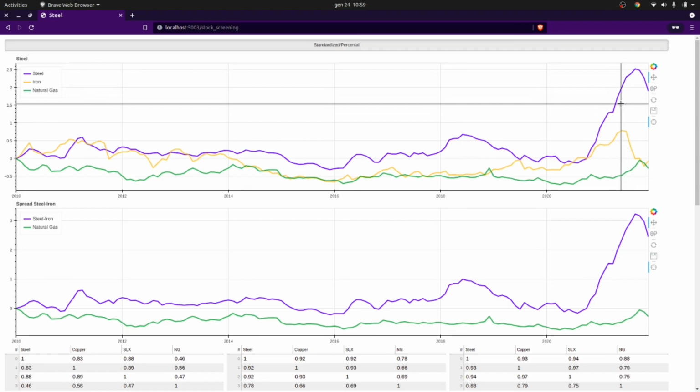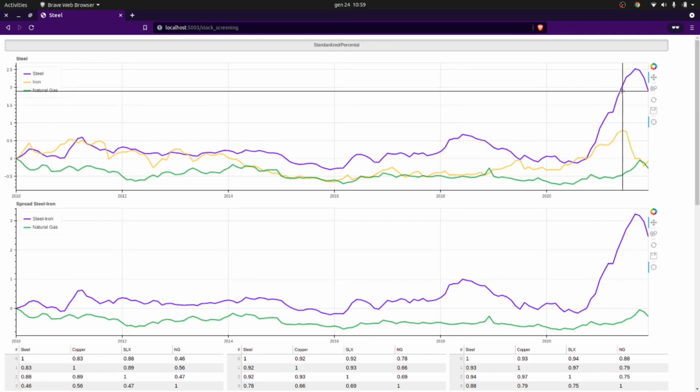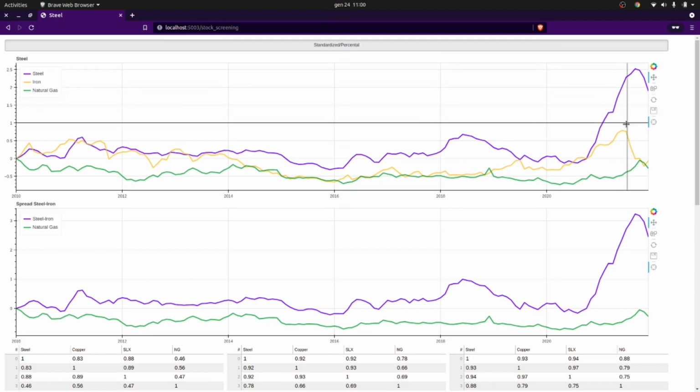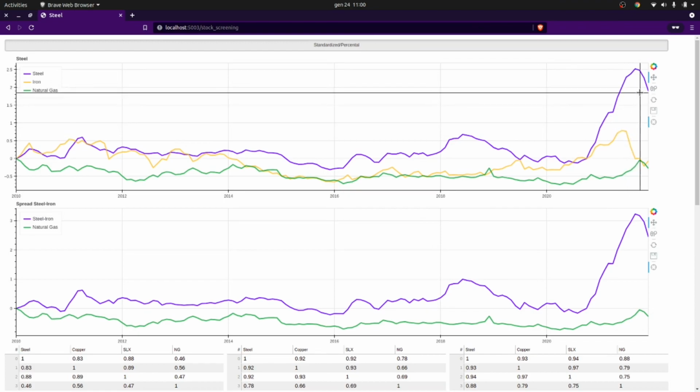and we may notice we experience a peak of this curve during the late 2021. First the iron and then the other two commodities follow a peak.